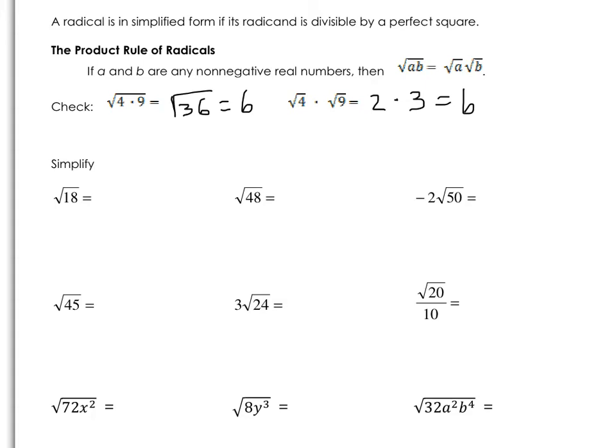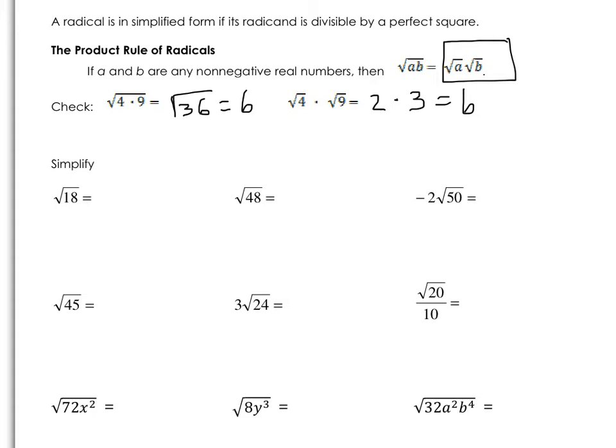So it doesn't matter whether you take the square root and then multiply, or you multiply and then take the square root. It is usually easier to take the square root first, if it's possible, and then multiply, because the numbers are smaller. But a lot of times when you factor a number such as 18, you can't factor it into two numbers that you can take the square root of.